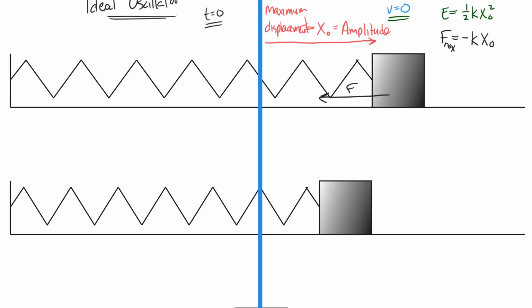Now, I'm going to write something off to the side because you're supposed to remember this, but this is an unbalanced force. So Newton's second law plays a role here. We know that the net force has to equal ma. Well, the only force acting is the spring force. So minus k x naught equals ma.